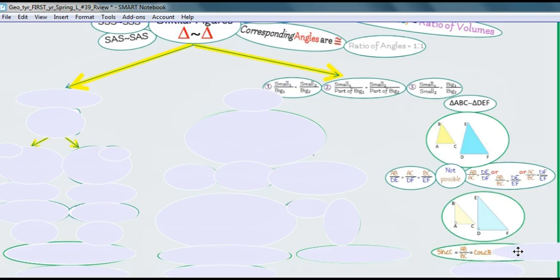At the same time, since corresponding angles in similar triangles are congruent, angle C then is congruent to angle F. So sine of angle F would be congruent to everything we've discussed before.